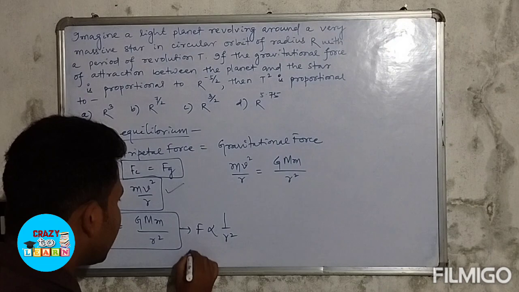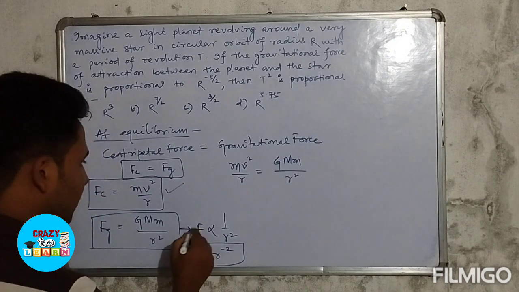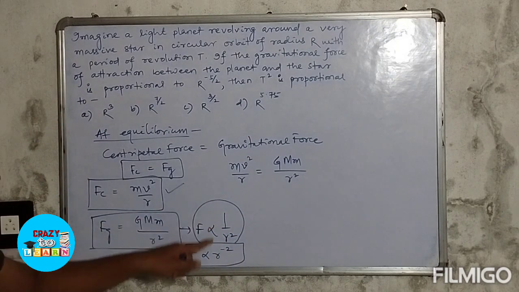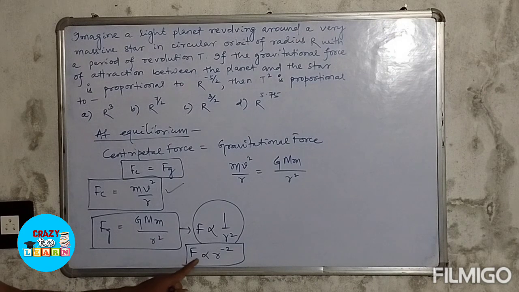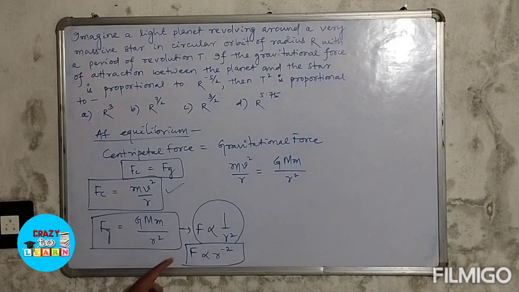Otherwise we can write F proportional to r power minus 2. If you take r square to the numerator, you will get r power minus 2. So F is directly proportional to r power minus 2.